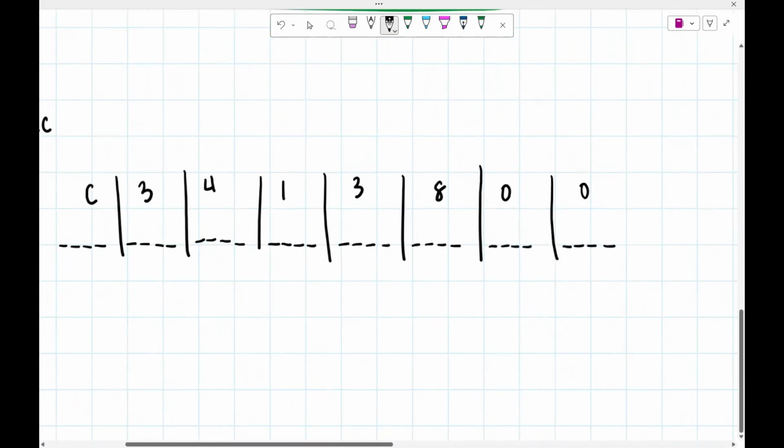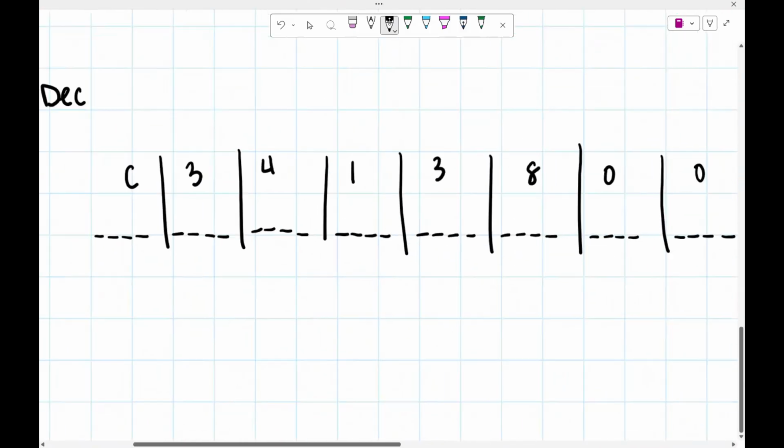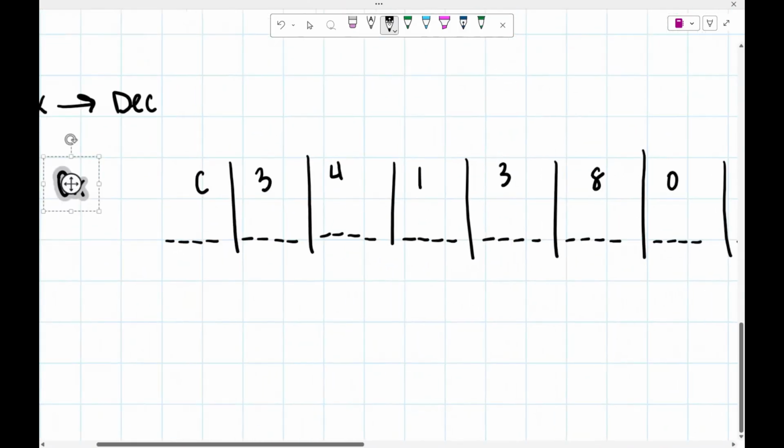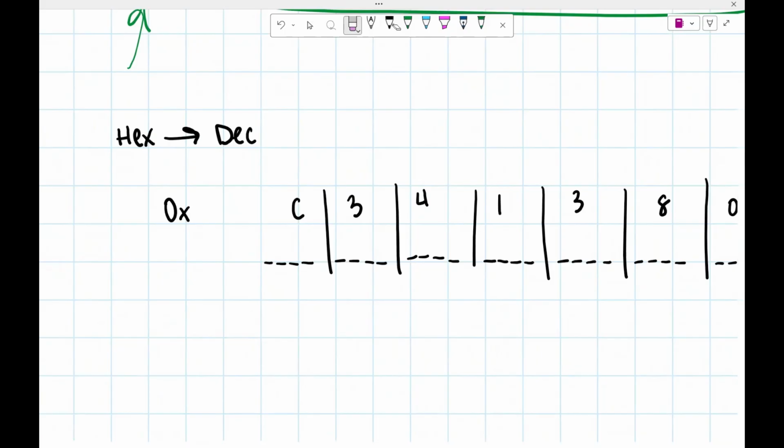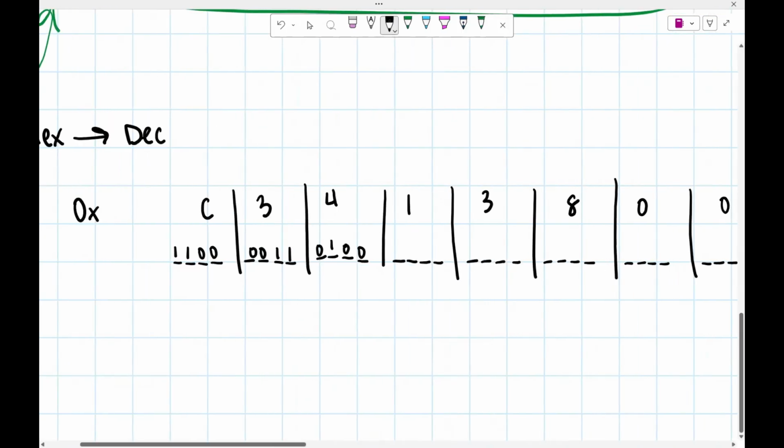Okay, so from here, now that we divided each singular digit into 4 bits, we can just convert it into binary straight up. So C, we know that C is the same as 12. So that would be 8 plus 4. And 3, that's going to be 2 plus 1. 4 is just that 4 place right there. And then 1 is just that last bit.